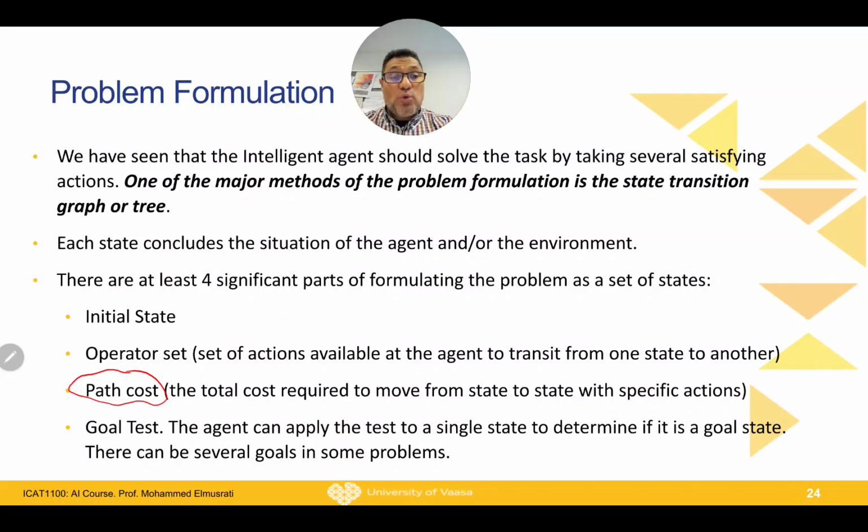For example, the solution which can achieve the goal with the minimum path cost can be one optimality measure. Or it can be the goal value. Some goals have a very big value, some goals have less value. So it can also be a joint measure of the costs and the goal value, which measures the optimality of the obtained goal.